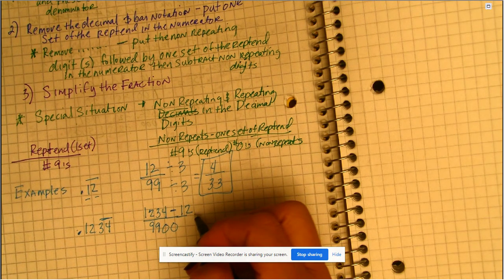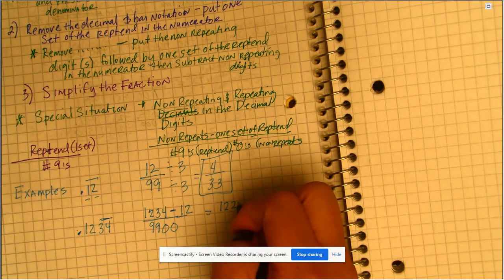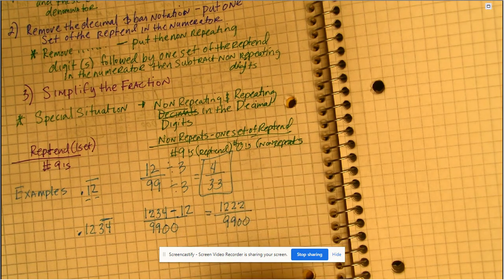So 1,234 minus 12 would equal 1,222, and I would still have 9,900 in the denominator.